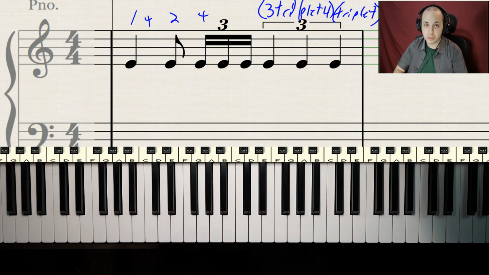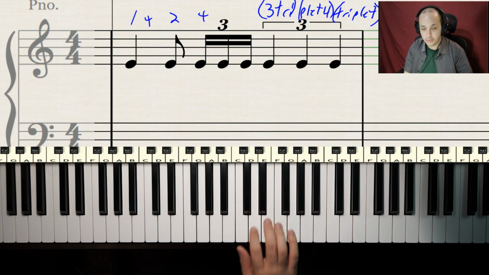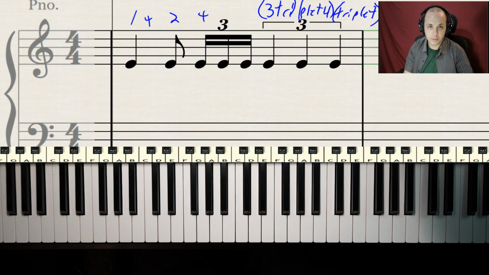If it's a quarter note triplet, it takes up 2 beats, double that. If it's a 16th note triplet, it only takes up the value of an 8th note, in which case, instead of just counting 1 and, you can fit 3 notes in the place of counting 1 and. 1 and. So there I just played 2 sets of 16th note triplets.